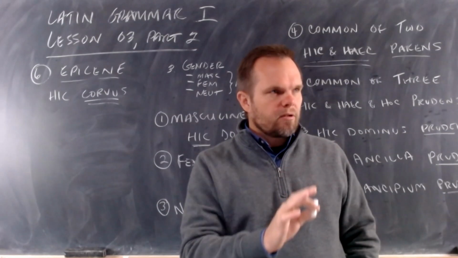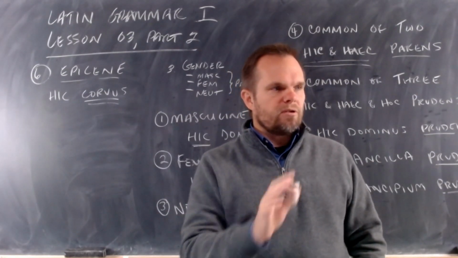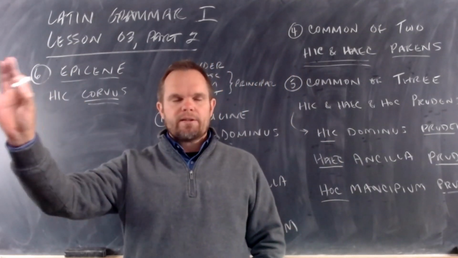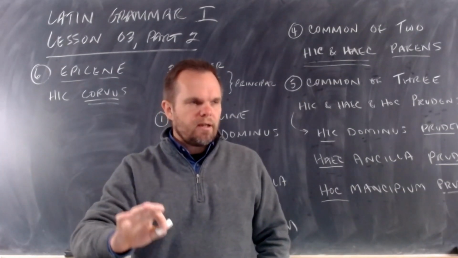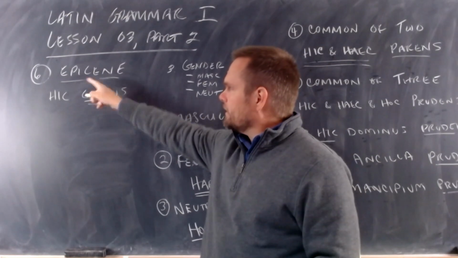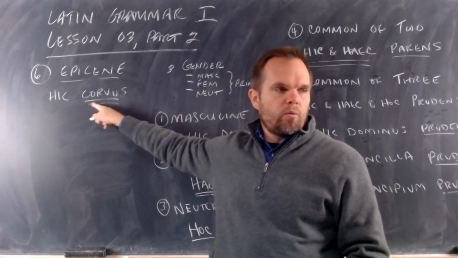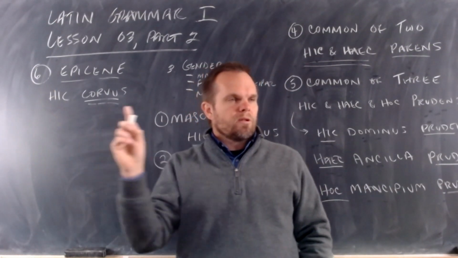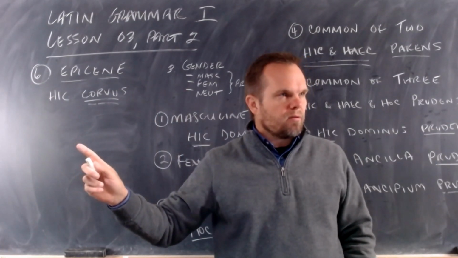We have male crows and we have female crows, right? So there's 2 kinds of crow, 2 genders of crows as far as their natural sex is concerned. Male crows and female crows. The epicene gender means that this word corvus with this article hic is used when we're talking about the male crow or the female crow.